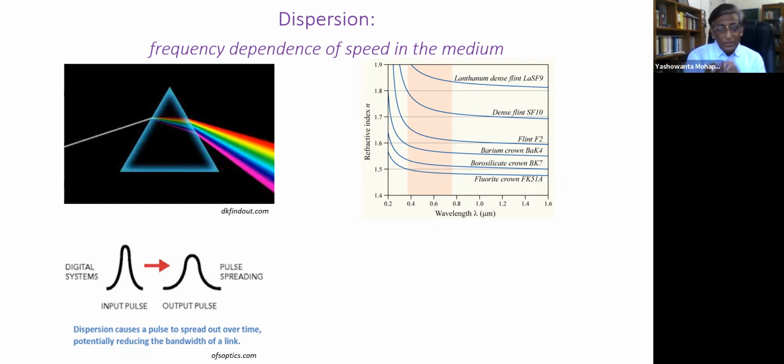If I send two pulses, 1 0 and 1 1, and they spread and start joining, then your information is lost. That is why we have repetition of the optical signals in a fiber very frequently, so that the spreading is not such that the information overlaps and is totally lost. So it can happen over time, and in space in some way. These are the examples of dispersion.